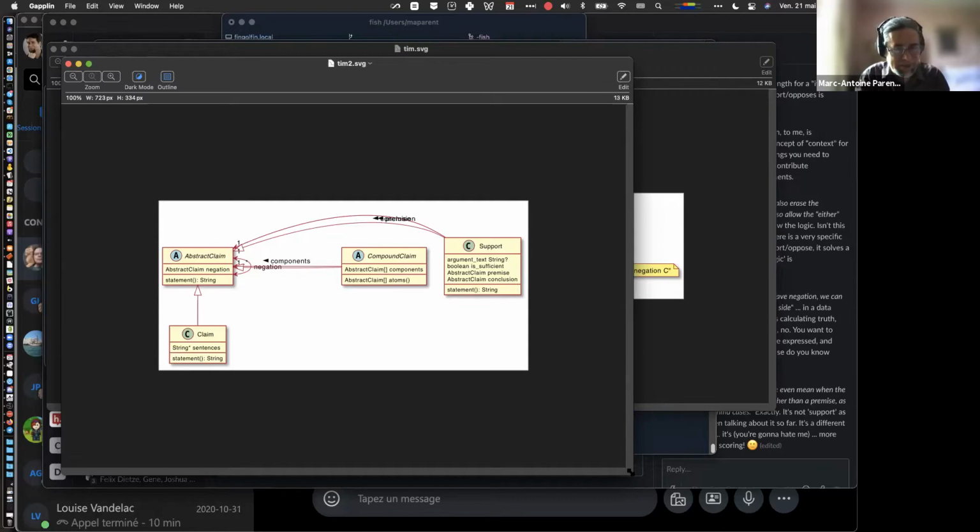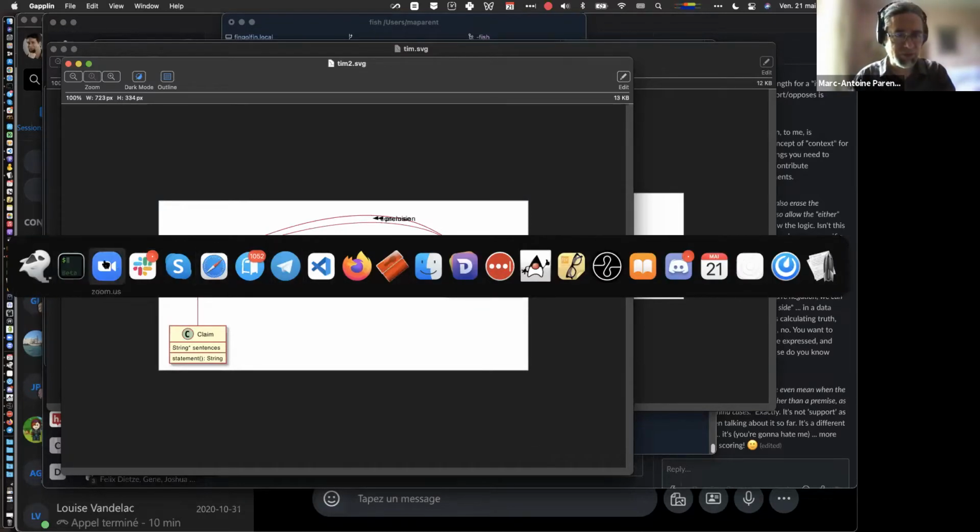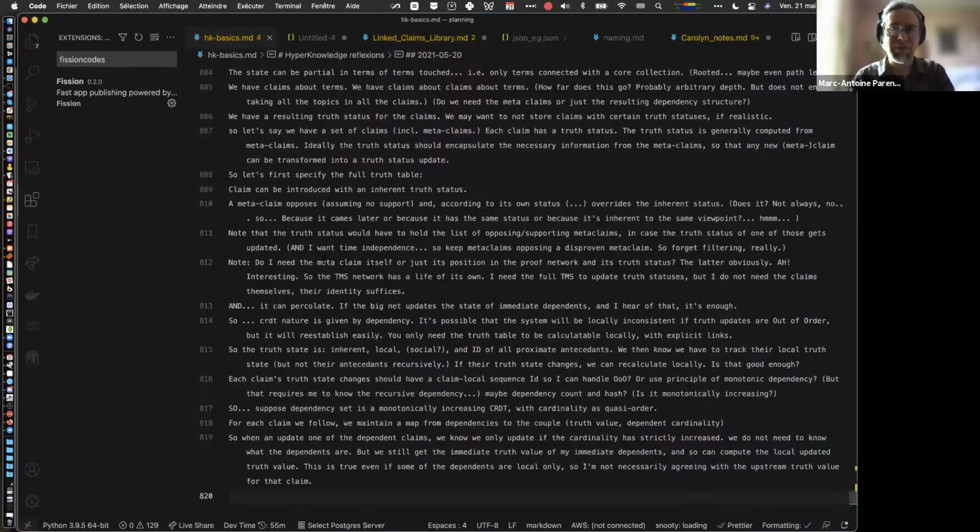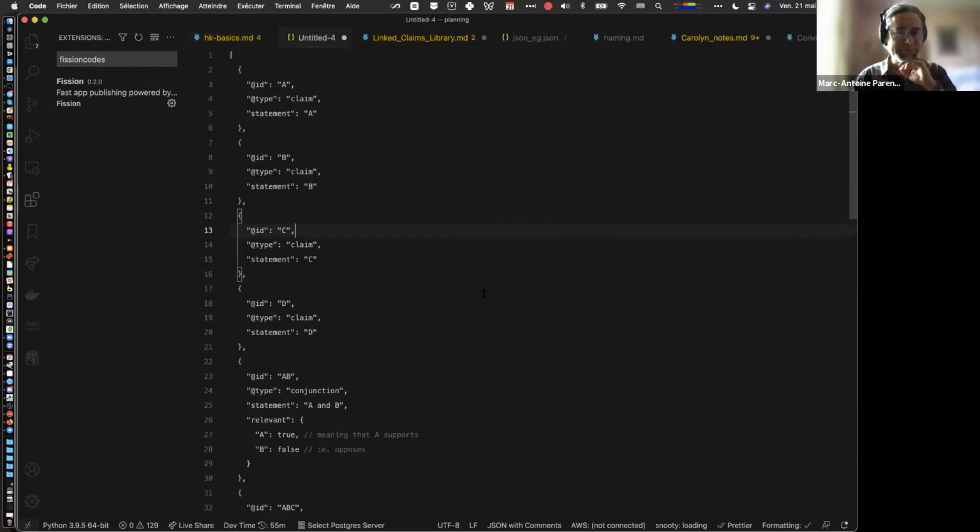Not that relevant, not that legible, but the idea is that if we have a compound claim... Actually, what's probably more useful to show, I think it's this one.